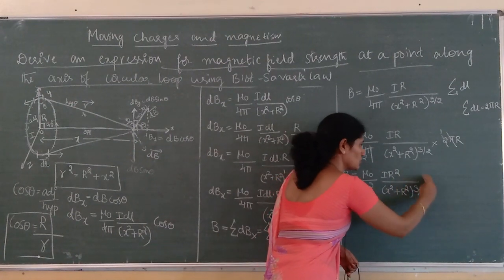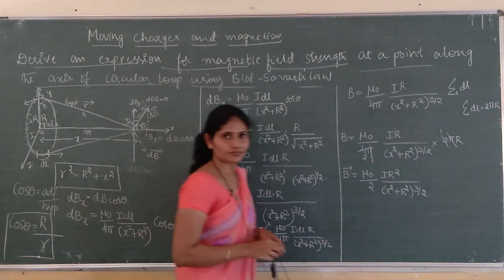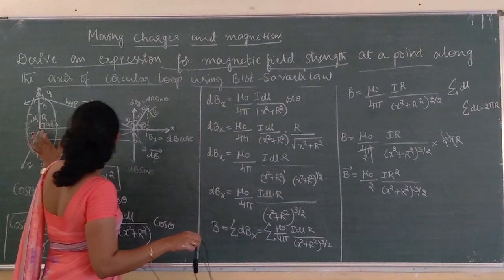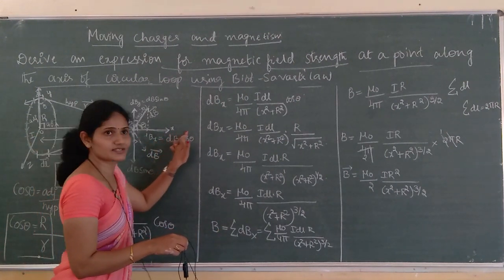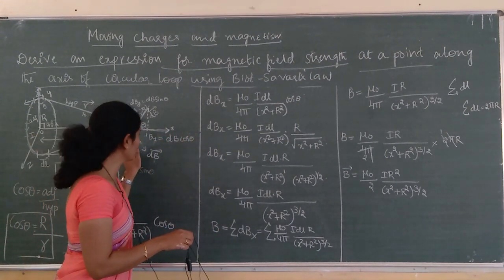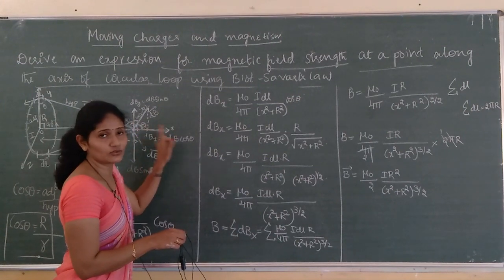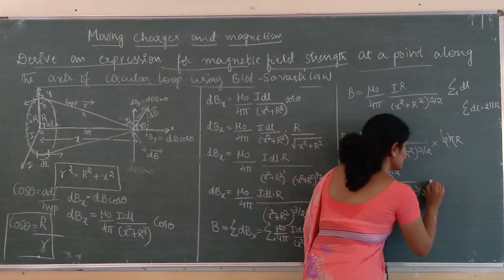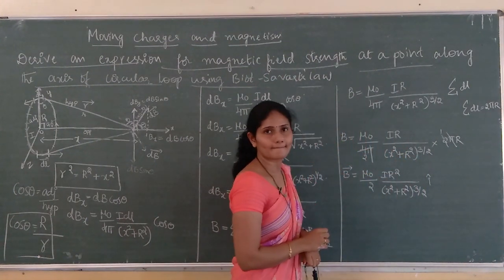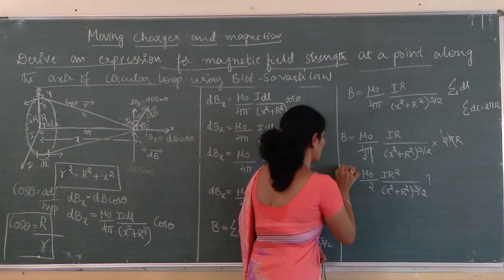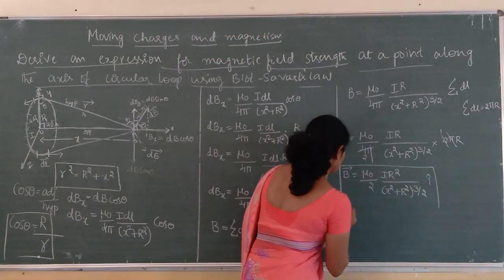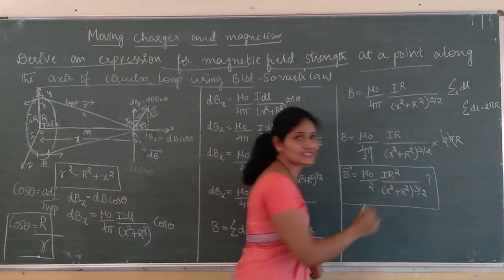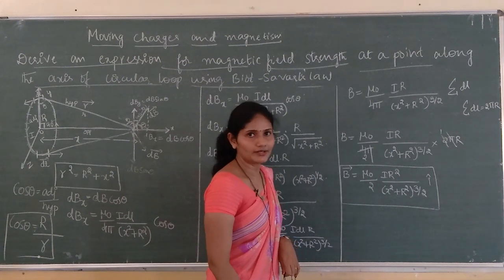This dB is along the x axis, so the unit vector along the x axis is i cap. So I will write i cap here. So this is the expression for the total magnetic field along the axis of the circular loop.